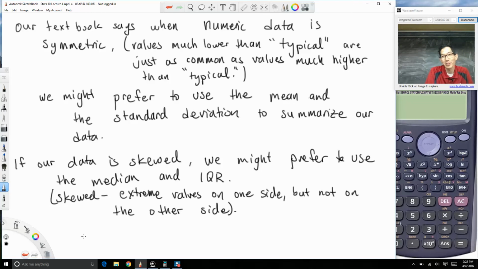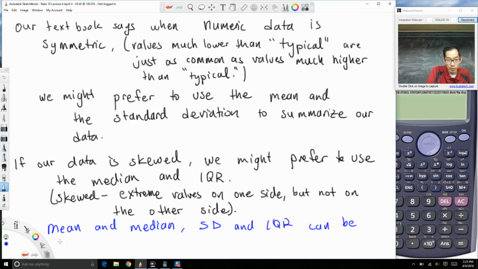Sure, you can. So the mean and median, or standard deviation and IQR, can be used for any numeric data set.